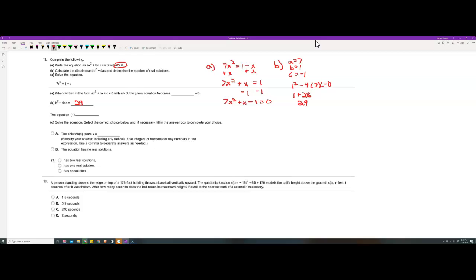All right, now, since this is greater than 0, it tells me that my equation is going to have 2 real solutions.